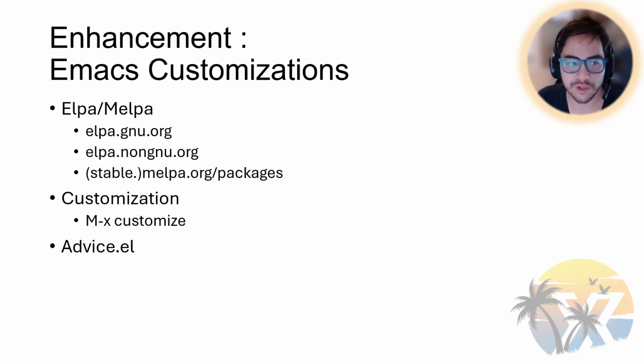So what do you do when you want to influence someone without commanding them to do something? Well, you would give them advice. Emacs has advice.el. This is a powerful feature that allows you to modify the behavior of existing functions without directly changing or overriding their original source code.